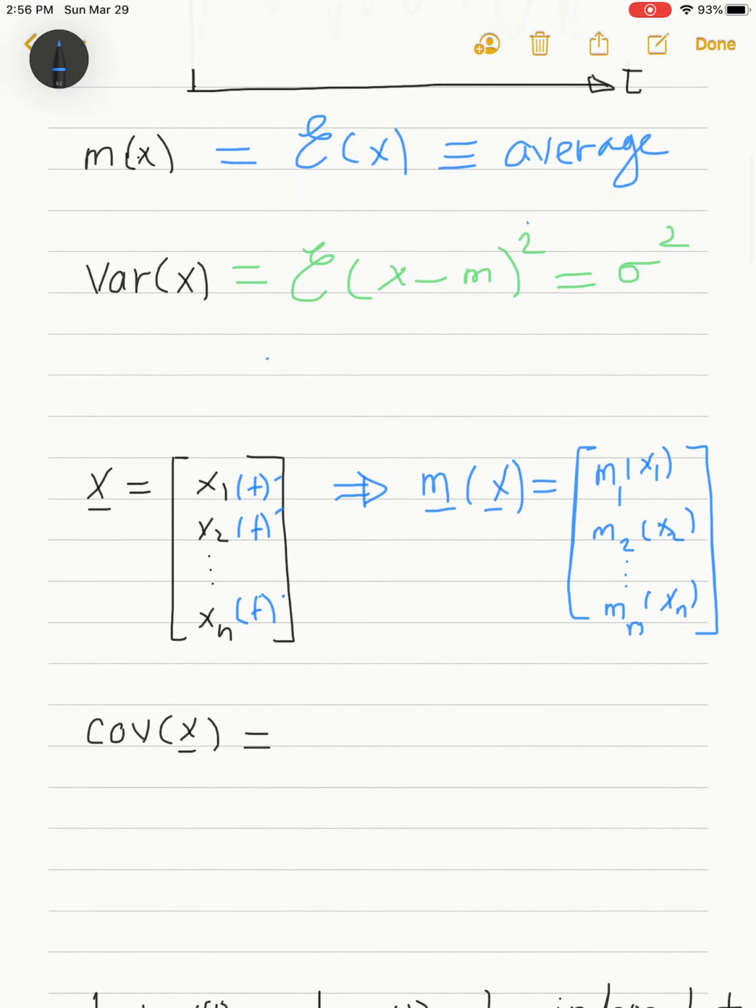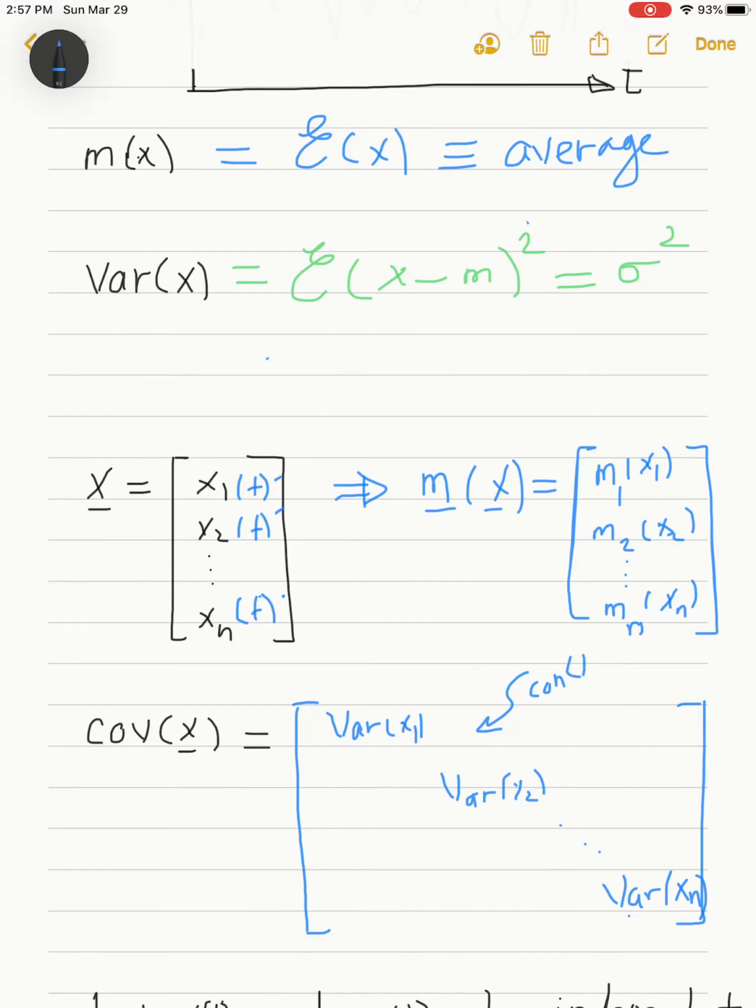The covariance of that signal would be composed of a matrix, and that matrix will have at the diagonal elements the variance of x1, the variance of x2, and so on up till the variance of xn, and the off-diagonal elements would be the covariance of x1 and x2, and so on.